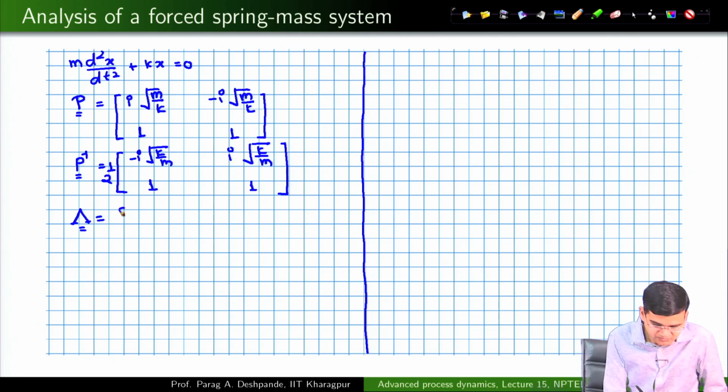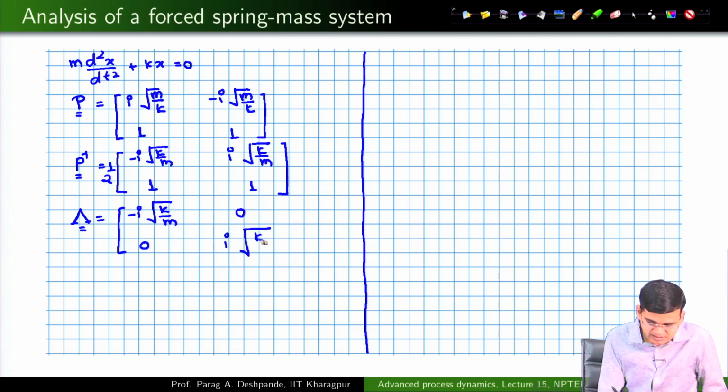Lambda was the diagonal matrix with I root over minus I root over k by m, 0, 0, I root over k by m. Y dash was P inverse x.